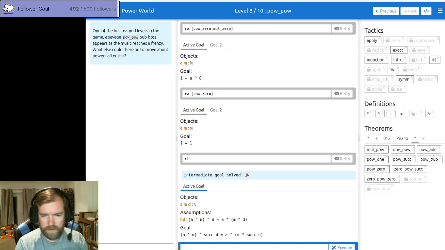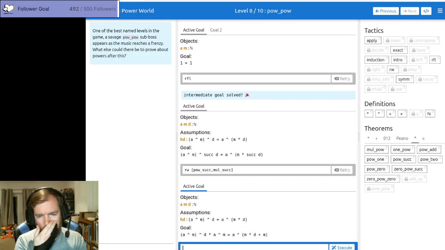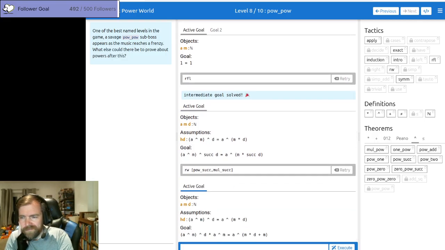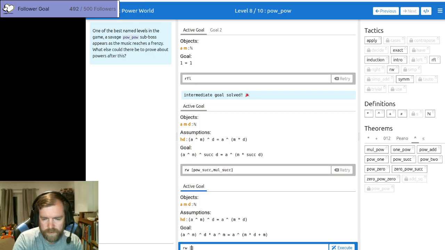Okay, now the harder. What do we do with successors? Well, in this case, we're going to do rewrite as pow_succ and also as multiply successor. Rewrite HD.